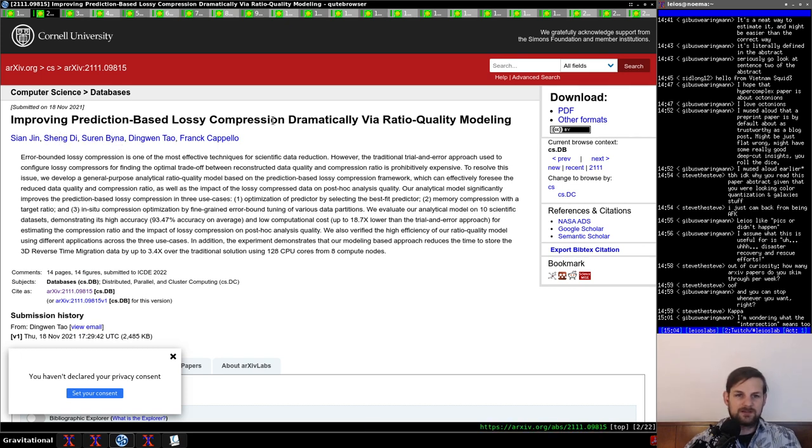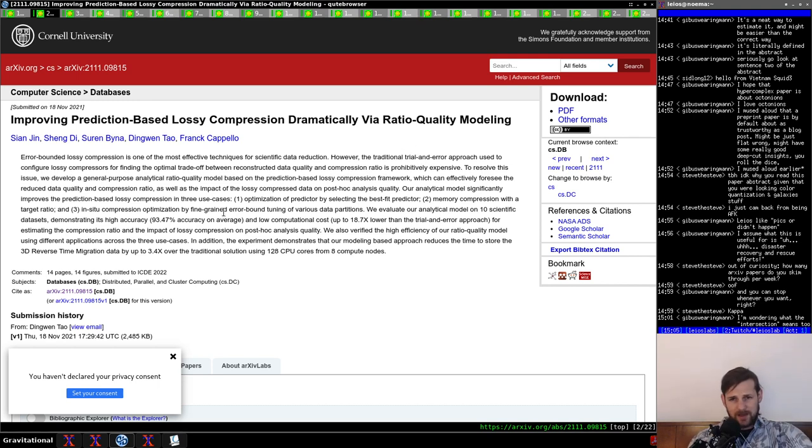Improving prediction-based lossy compression dramatically via ratio quality modeling. Right, so this one was interesting because I'm always interested in lossy compression. Error-bounded lossy compression is one of the most effective techniques for scientific data reduction, of course. However, the traditional trial and error approach used to configure lossy compressors for finding the optimal trade-off between reconstructed data quality and compression ratio is prohibitively expensive.